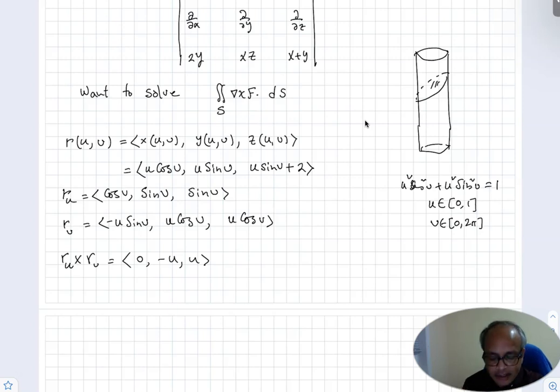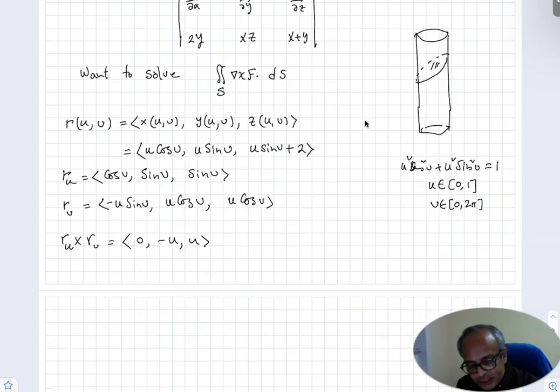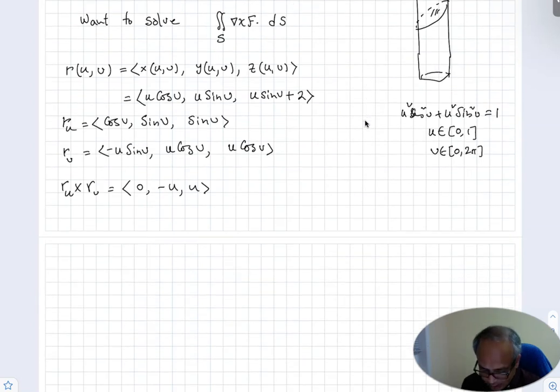Maybe you can just verify whether this cross product is accurate or not. That's straightforward. So let's focus not on the calculation, but on the procedure. Once you have the cross product, then everything is ready.